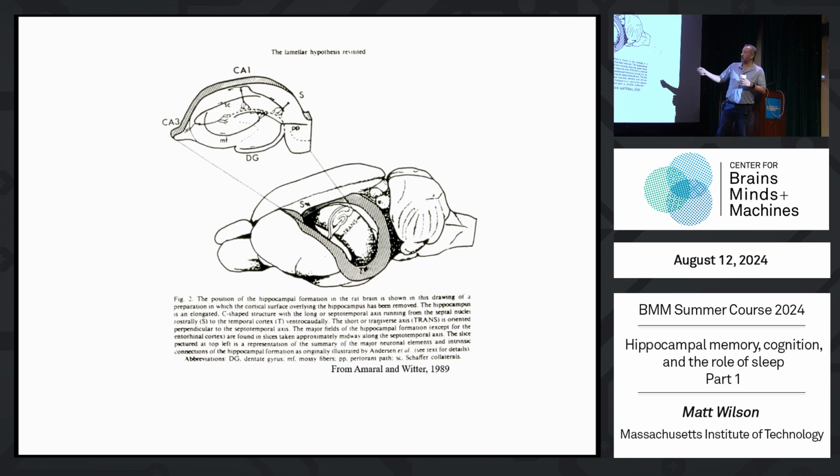So here you see this cross-section, the overlying neocortex removed. You see the hippocampus, which lies in the middle of the brain. And in cross-section, this is a slice through it. You see the very simple architecture referred to as the trisynaptic loop.